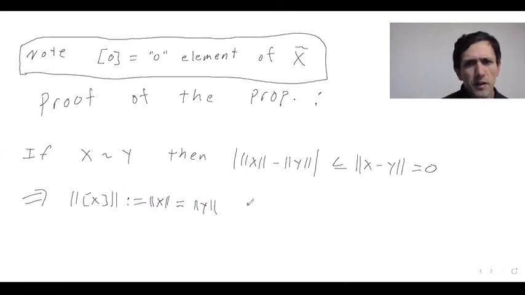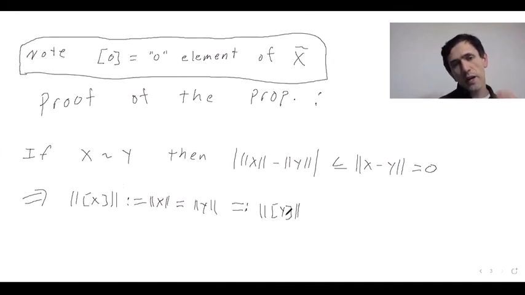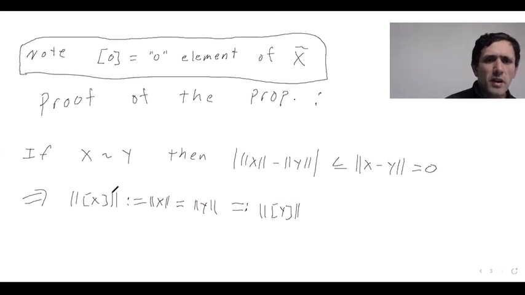And again, this is the definition of the norm of the class generated by y. So this is independent of the representation picked. If the class generated by x is equal to the class generated by y, which is equivalent to this here, then this spits out the same number.